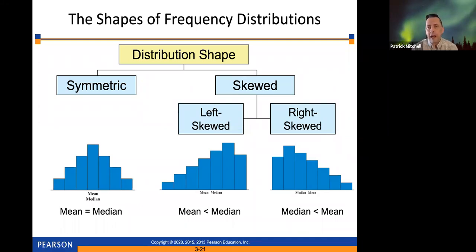So this is like what happens in a class when I give an exam that is too easy, all right, most of the grades are A's and B's, either that or the class studied really hard, that's another possibility. Either the exam was too hard or the class didn't study would give you a right skewed distribution.